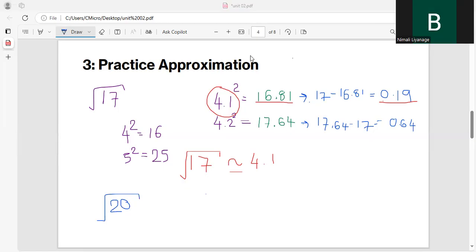If you want more time, you can stop the video, find the answer, and then play the video. The answer is 4.4 something.